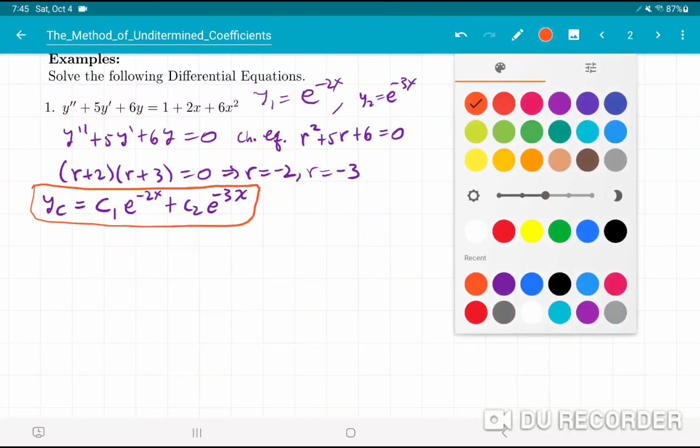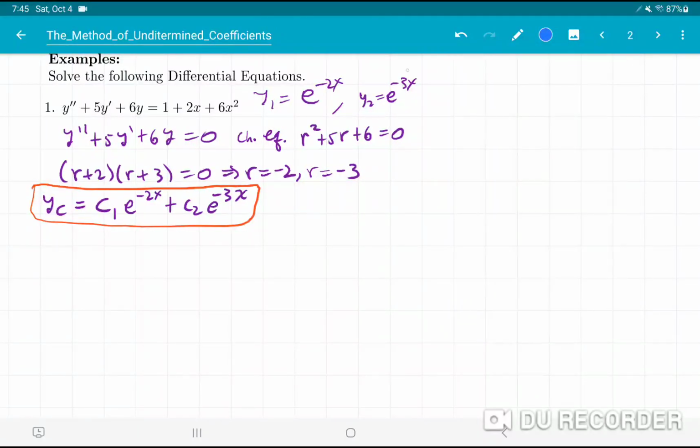Next, we will try to find one particular solution to this differential equation. Looking for a particular solution, if you focus on this right hand side, that right hand side is a quadratic function.